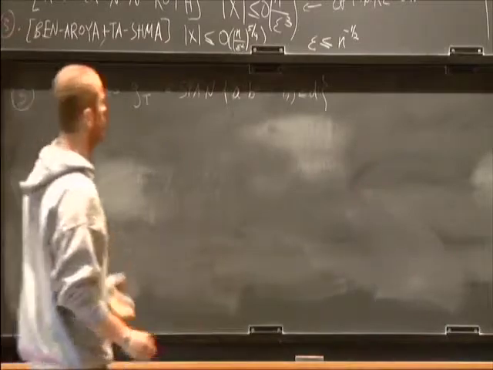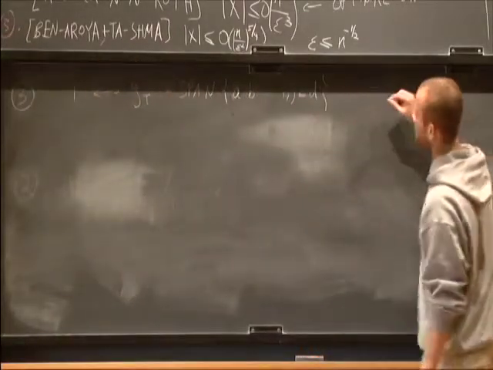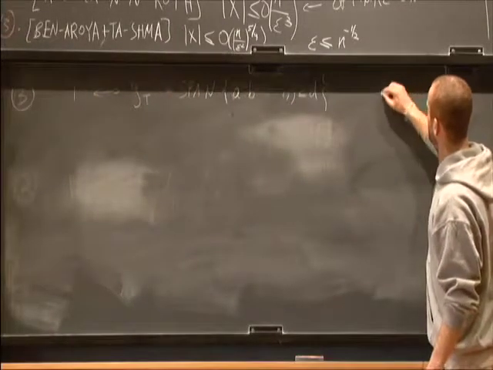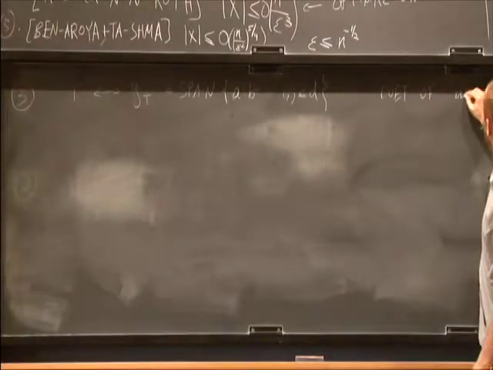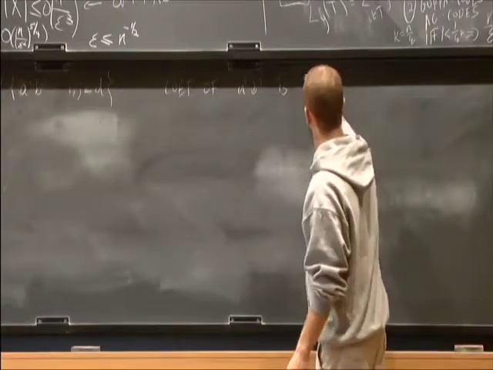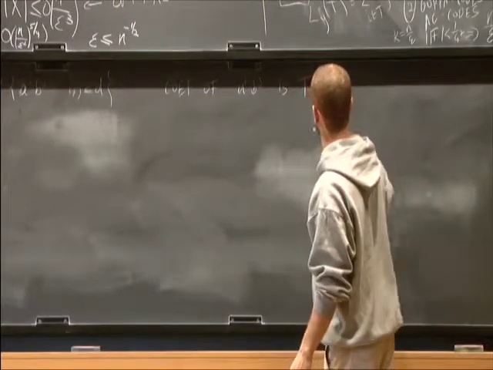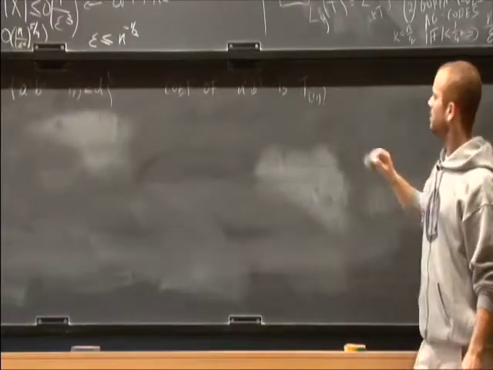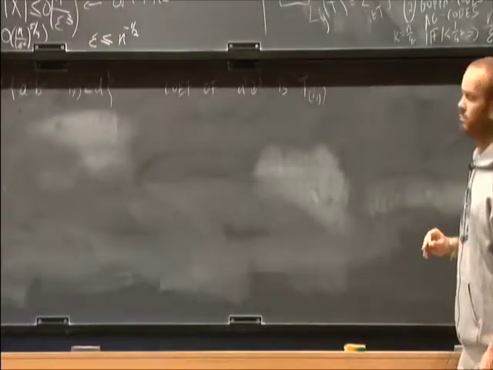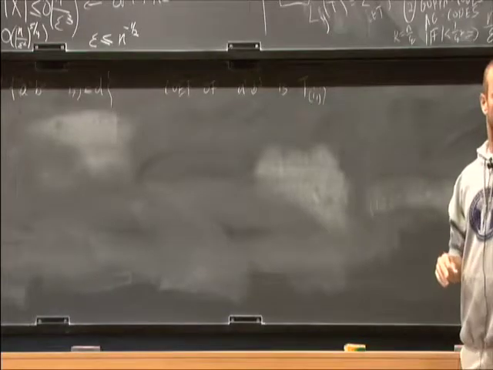The way we do it is that the coefficient of a^i b^j is T in the position ij. So what is T? T is a subset or a vector.